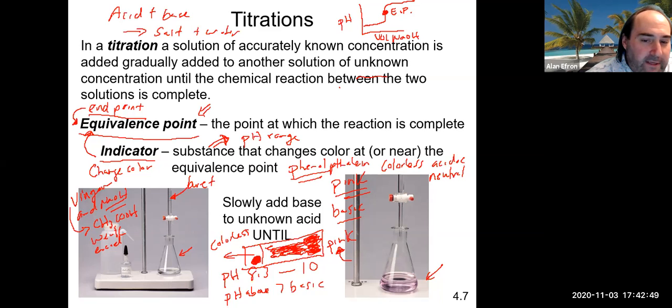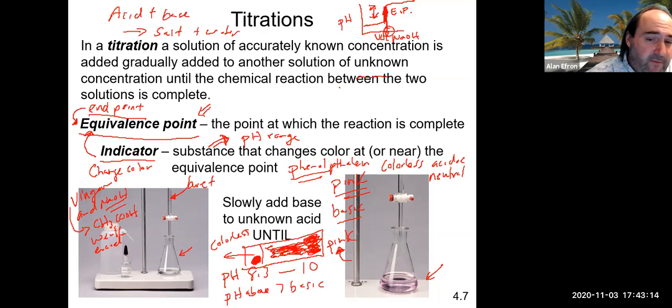What usually happens as you approach the equivalence point, in terms of the pH and the volume, is that it gets really, really vertical near the equivalence point. And what that means is you can add a very, very small volume in a titration, but it will change the pH a lot.